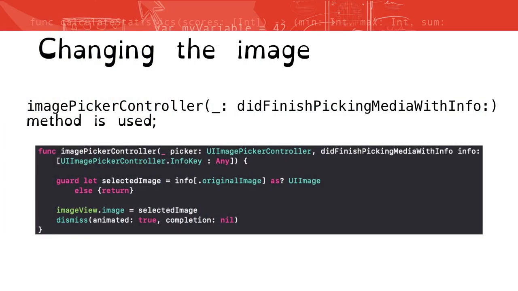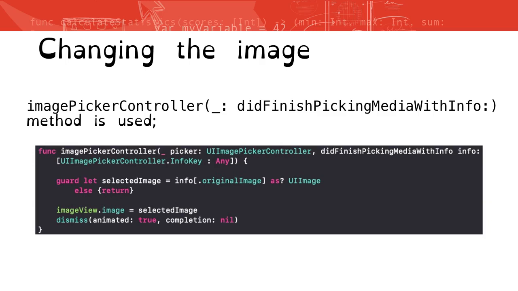This method is the one that informs the delegate that the user has indeed selected a new image to use. The media we need is the info dictionary, and you can see that there in the code.